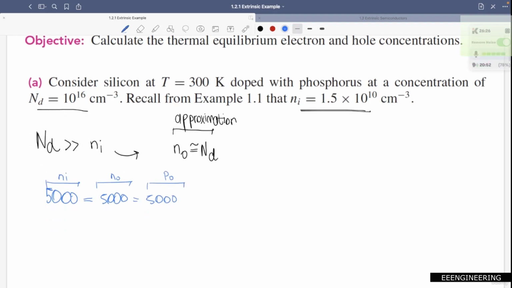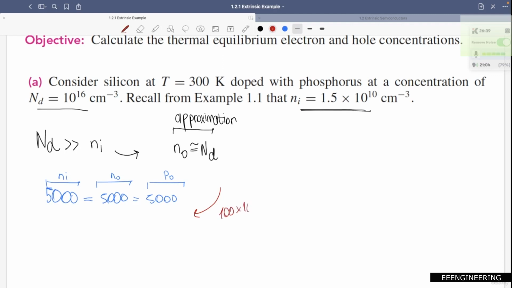The logic here is that later you decided to include an impurity with a donor concentration of, let's say, 100 million. How does that sound? When you compare these two numbers, this impurity is a lot greater than the intrinsic carrier concentration you have.